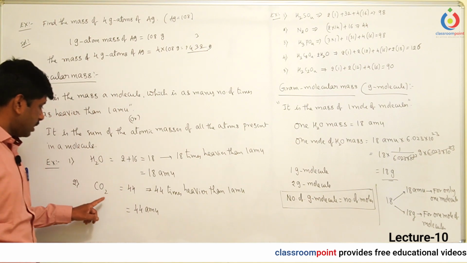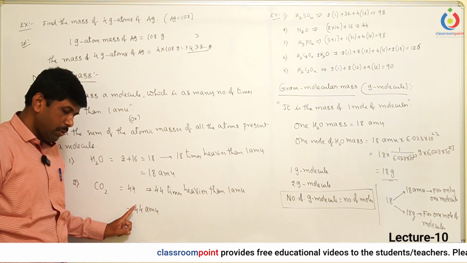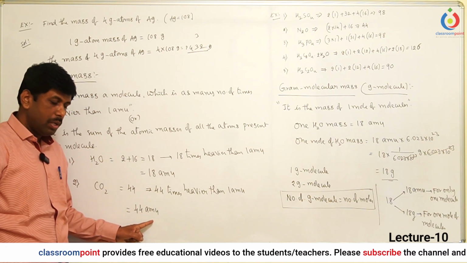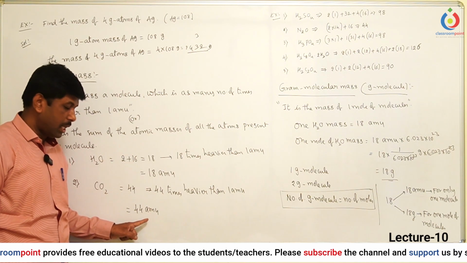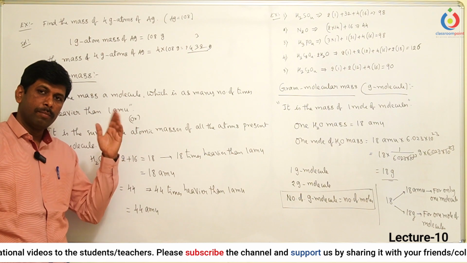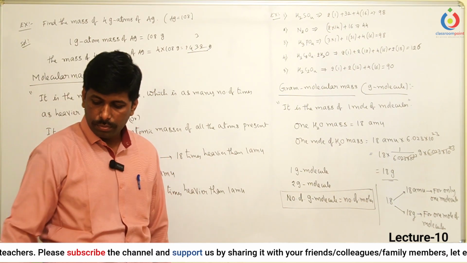Like that, carbon dioxide: 44 AMU means it is the mass of only 1 carbon dioxide molecule. Instead of AMU, if you use 44 grams, that means it is the mass of 1 mole of carbon dioxide molecules. 1 mole means 6.023 into 10 power 23 molecules.